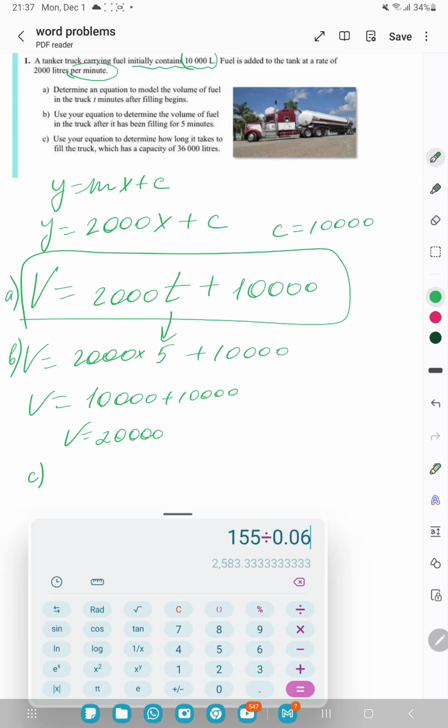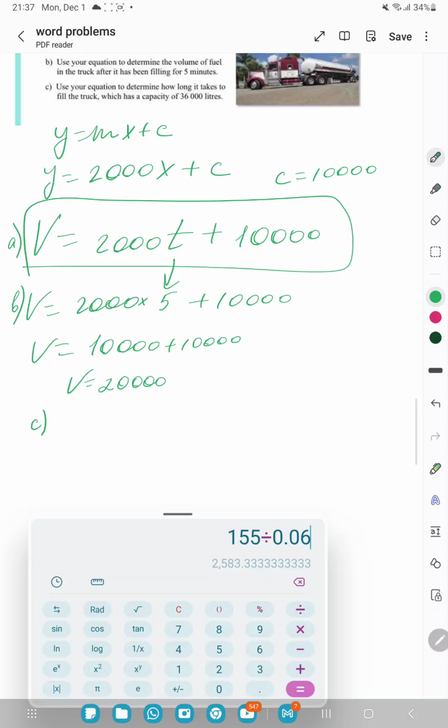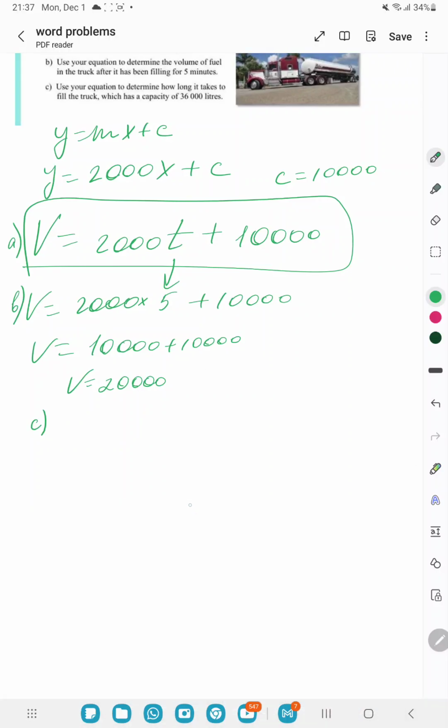C: use your equation to determine how long it takes to fill the truck, which has a capacity of 36,000 liters. So what's the time? To find t, we plug the value of volume into the function. We have V equals 2,000t plus 10,000.